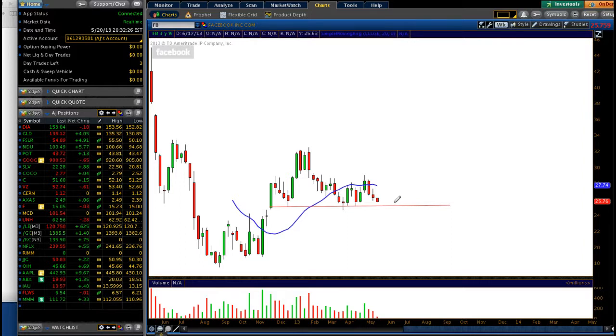So, Brian, what you have to watch for if you're thinking about buying it is, number one, wait for a weekly green candle somewhere above that support level, right above 25.5. You want to see a green candle. Do not, repeat, do not try to buy Facebook when the weekly candle is red.